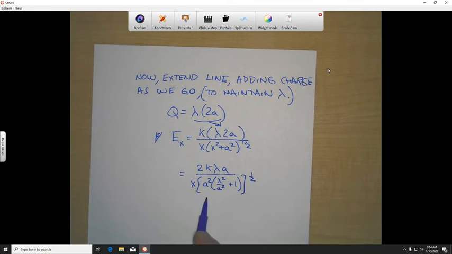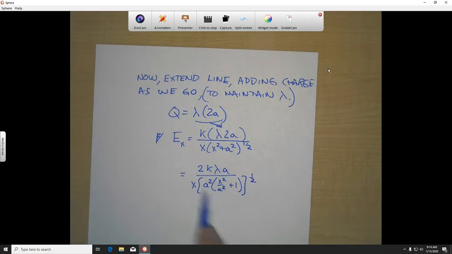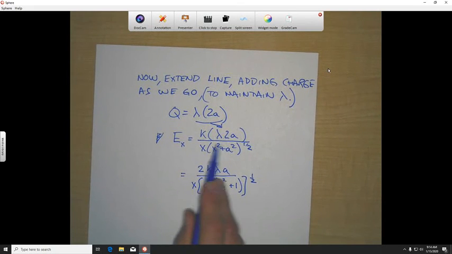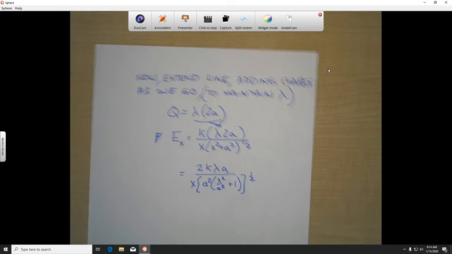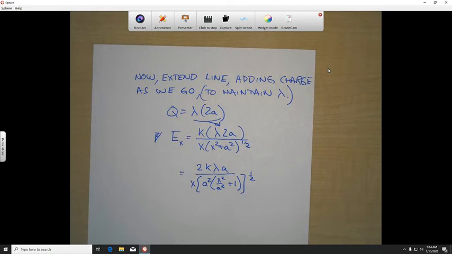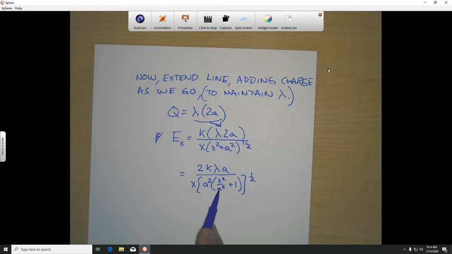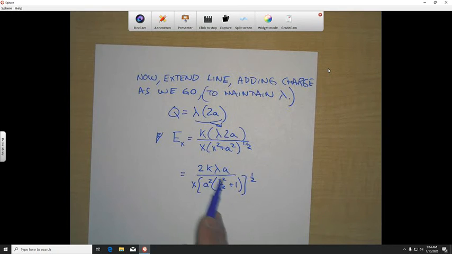I think you're going to need to convince yourself that this expression down here is the same thing as what I have up there. You know why I'm doing that? In math class, remember when you take limits, you like to sometimes get the thing that's going to a very large number to be in the denominator. So remember, we're going to make a really big. So if I can get a squared down here in this denominator, I know this term is going to go away. So we're kind of anticipating that here.